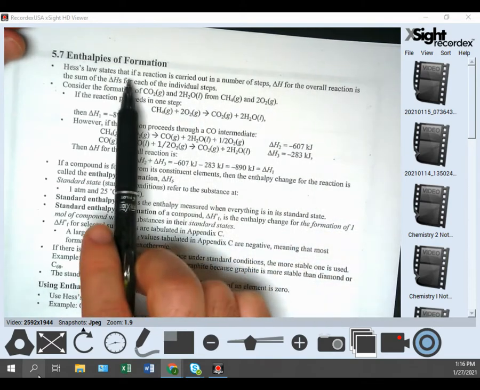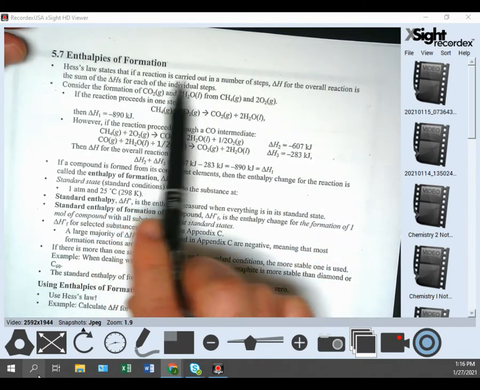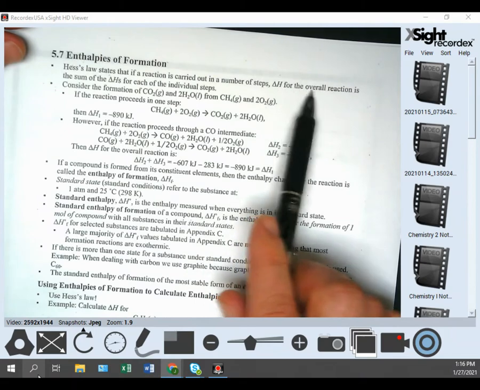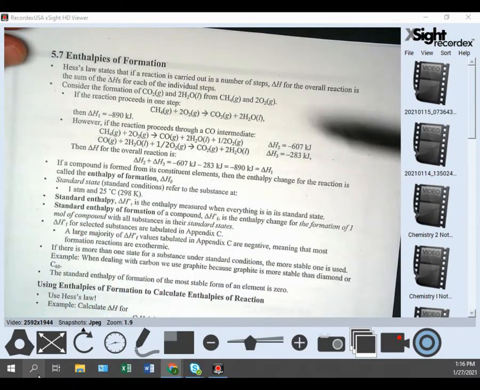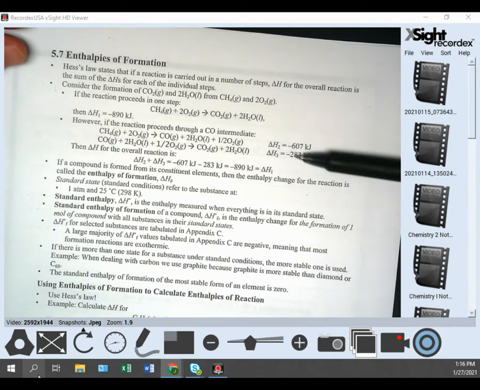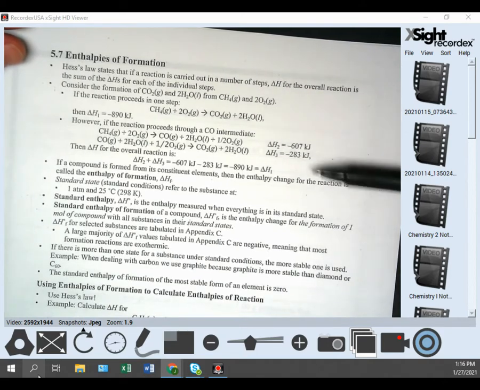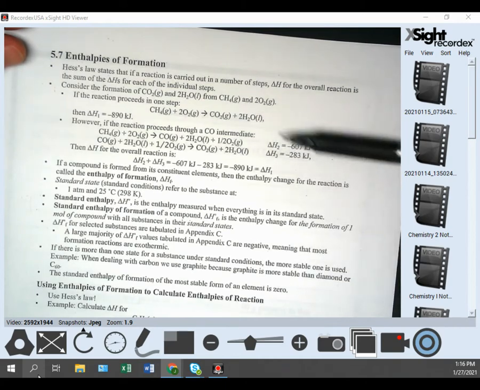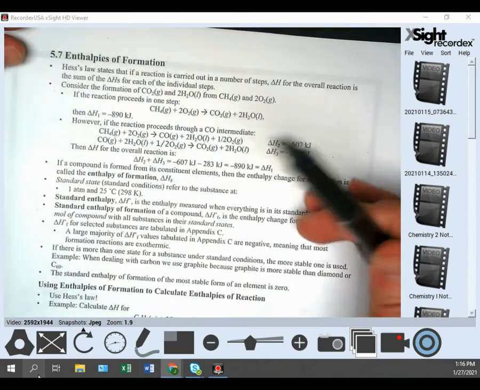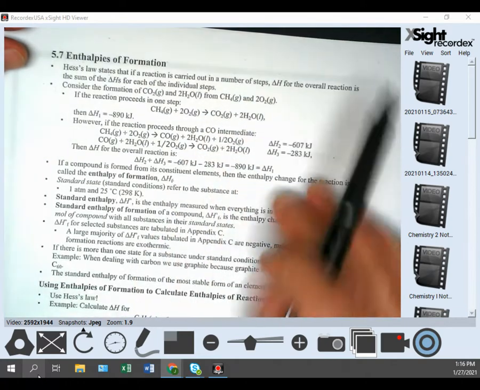Hess's law states that if a reaction is carried out in a number of steps, the delta H for the overall reaction is the sum of the delta H's for each of the individual steps. This is the Hess's law stuff that we've already done, so I'm going to skip all of this.